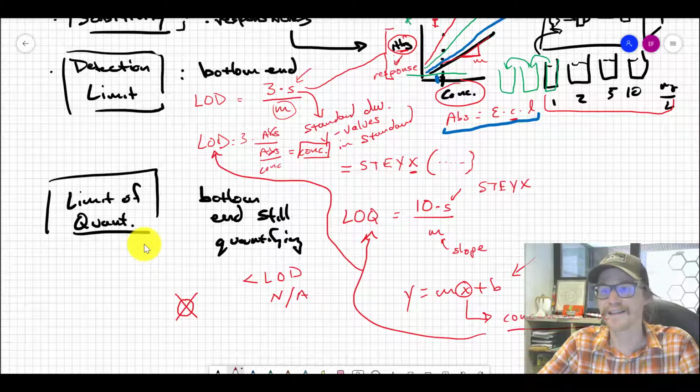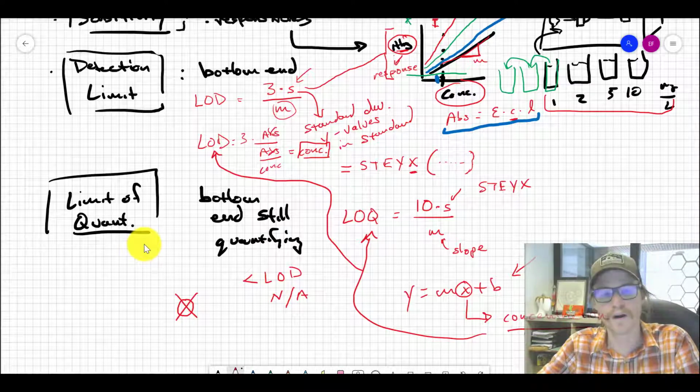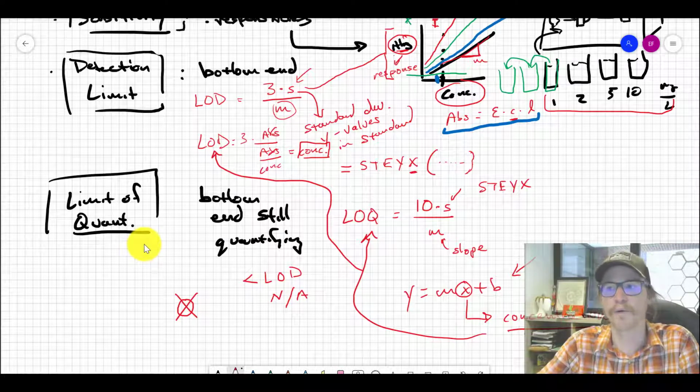Instead, you're reporting less than the LOD, and you're reporting what the LOD is. So whoever is interpreting your data can say, okay, it's a small number that's less than, say, 1 part per billion, meaning they were unable to measure anything less than 1 part per billion. It doesn't mean it's not there, it's just less than 1 part per billion. Distinct difference, so make sure you're clear on that.